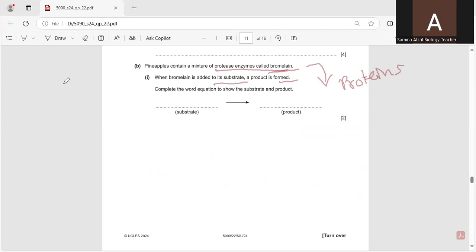So proteins will be broken down into amino acids. Protease are the enzymes which are used to digest the proteins. So they will break down the proteins into the amino acids.